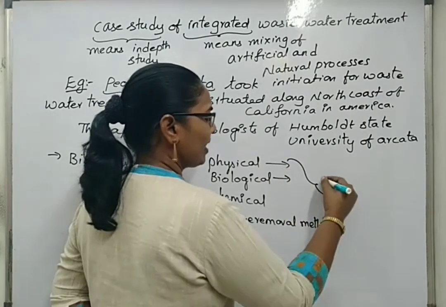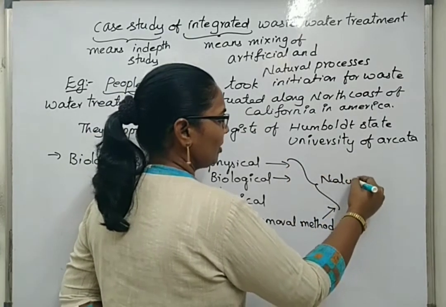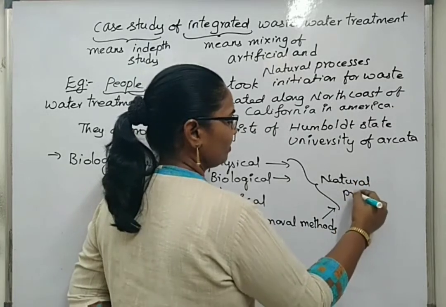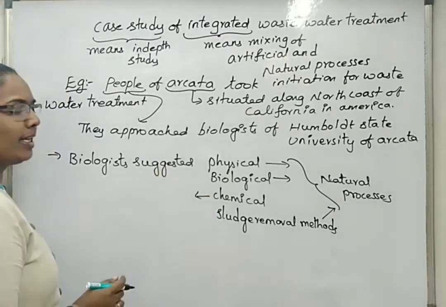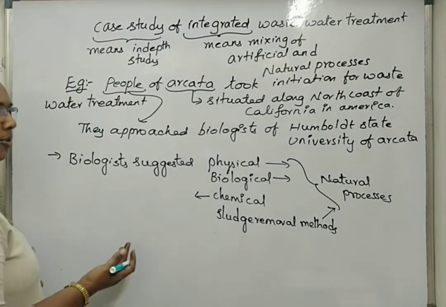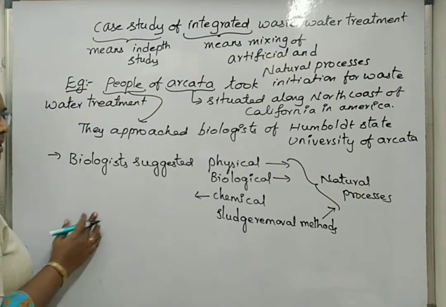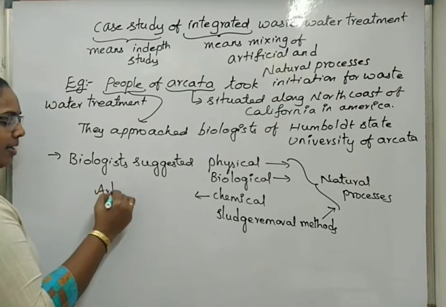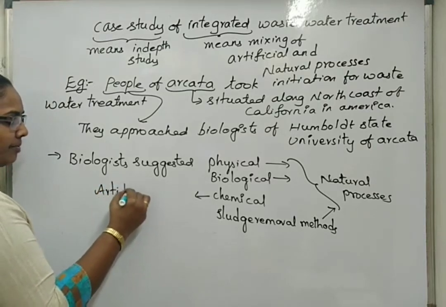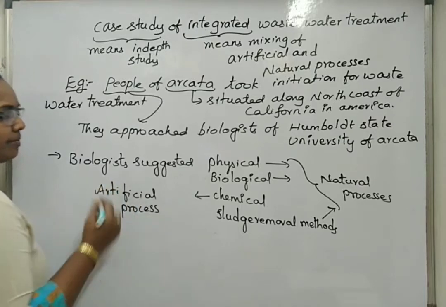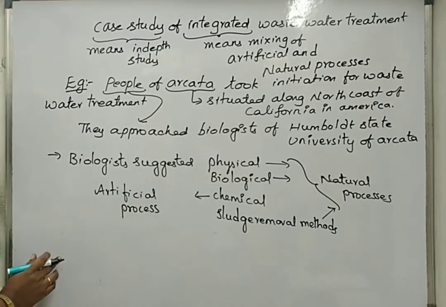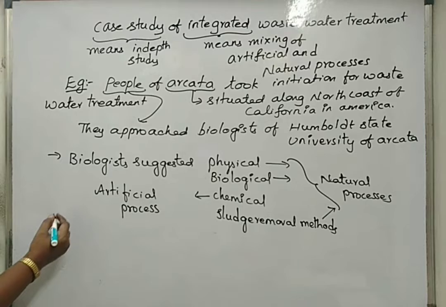So these three can be explained under natural methods. This chemical means the use of chlorine and similar types of chemicals. It will be studied under artificial processes. So the biologists have suggested this method for wastewater treatment.